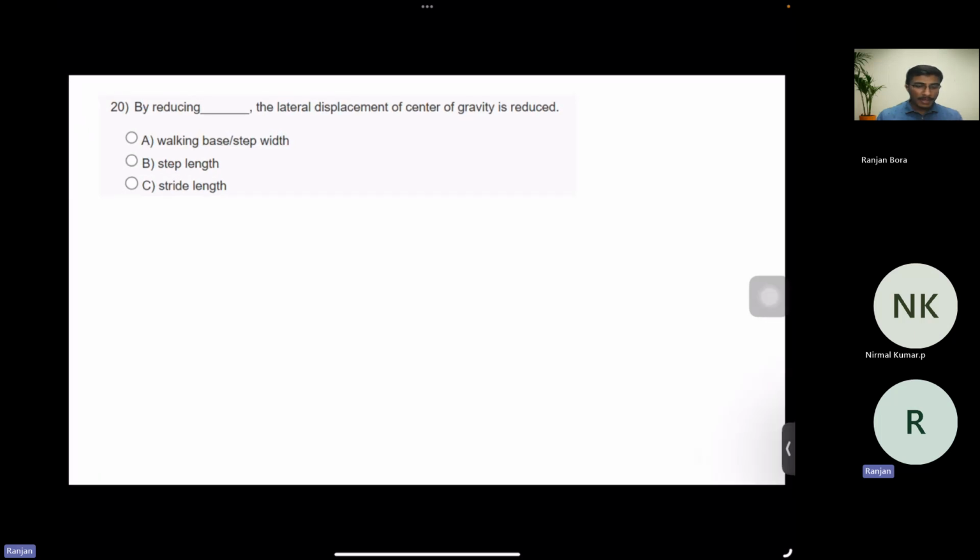And the next question is, by reducing the walking base, the lateral displacement of the center of gravity is reduced.